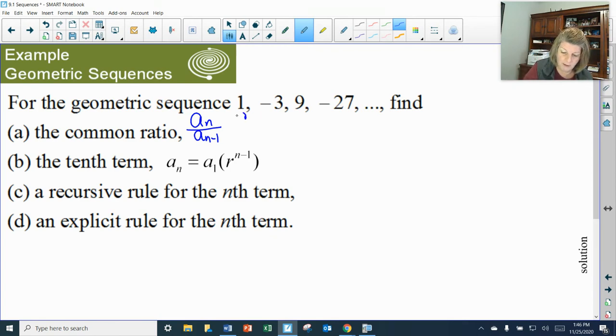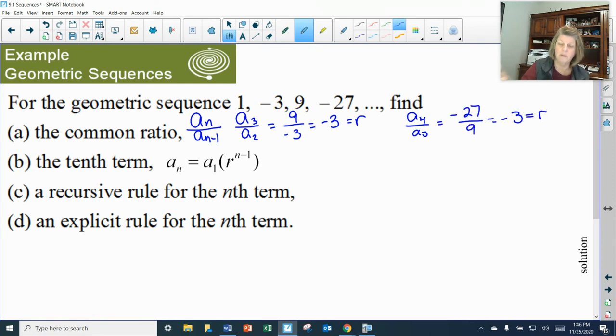So maybe I'm going to do a sub 3 over a sub 2. A sub 3 term is 9 divided by -3. Gets me -3 for my r. I could have used a sub 4 over a sub 3. Negative 27 divided by 9 gets me common ratio of negative 3. Should stay steady, shouldn't it?